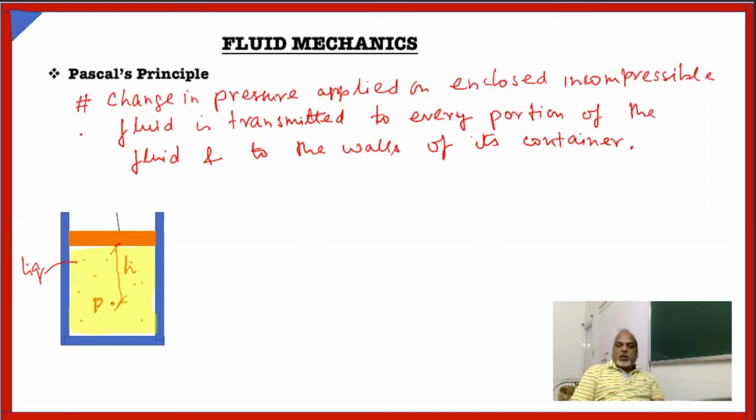Now, this container is enclosed by this piston. You can assume this as a piston. And due to this piston, just below the piston, if you have pressure as P external, then what will be the pressure at P, which is a point in the liquid below height H?